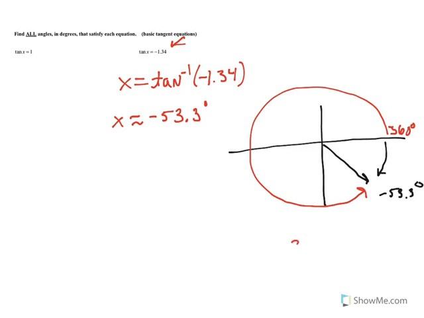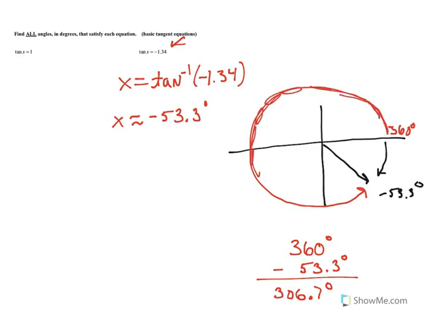So you could do 360 minus the 53.3 degrees and see what that is as a positive rotation, which should work out to be 306.7 degrees. So going the long way from here all the way around will get us to this solution point, which is at 306.7 degrees.